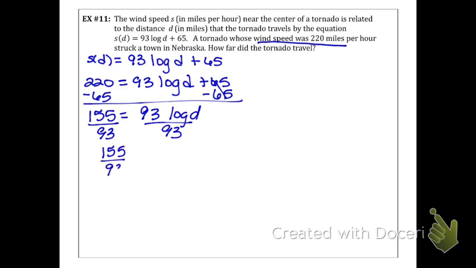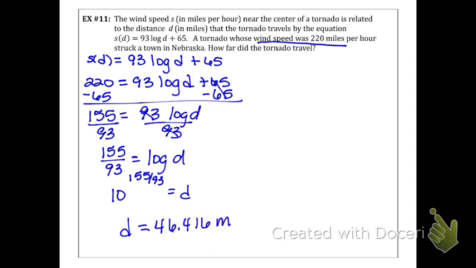You can reduce that if you want to, but you don't have to because we're going to use our calculator in the end anyway. So I'll end up with 155 over 93 is equal to log of d. Since we have log equals a number, we can change it to exponential form. So 10 to the 155 over 93 equals d. And so d is equal to 46.416 miles.